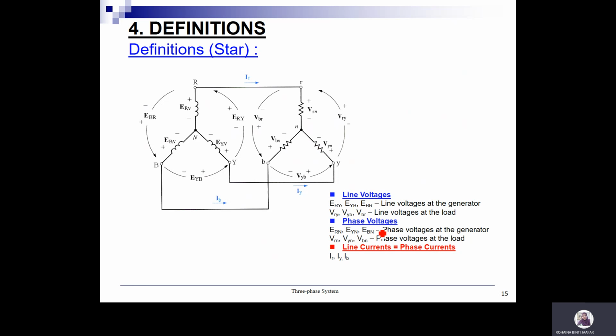How about phase voltage? The phase voltage at the generator is ERN, EYN, and EBN with capital letters. But for the load, you write V with small letters: VRN, VYN, VBN for the phase voltage at the load.